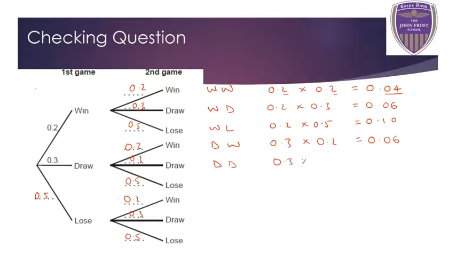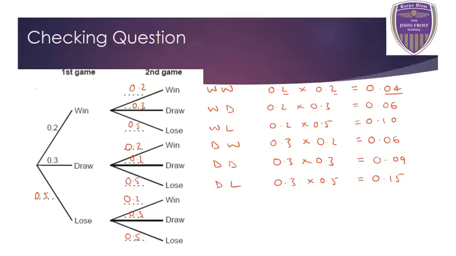So 0.3 times 0.3 is 0.09. Next one in order now is she draws the first game, but she loses the second game. So draw and then lose is 0.3 times 0.5, which is 0.15. And they're the 3 possibilities there of her drawing the first one.